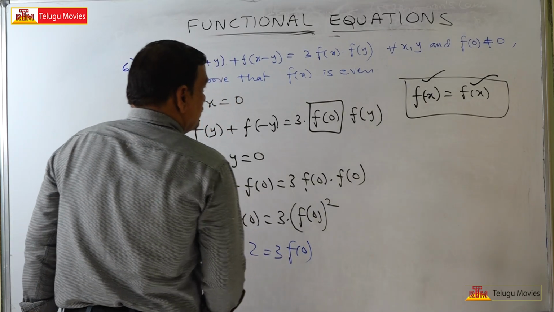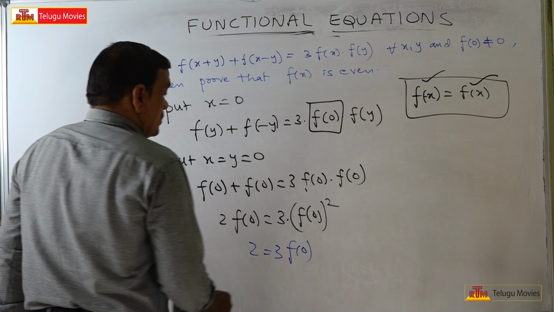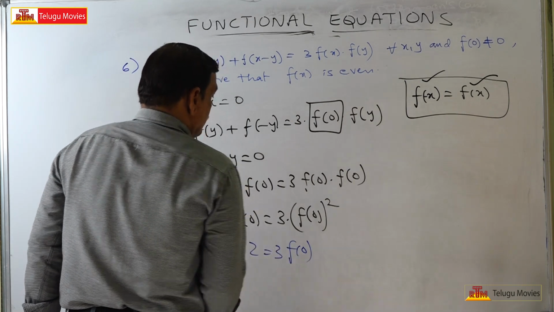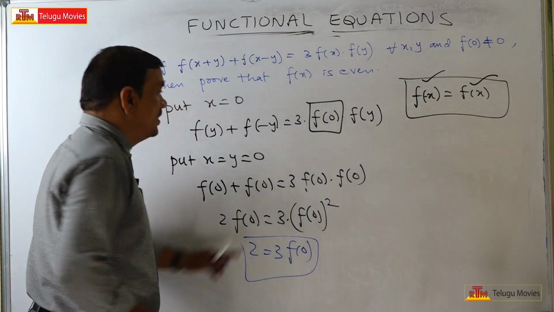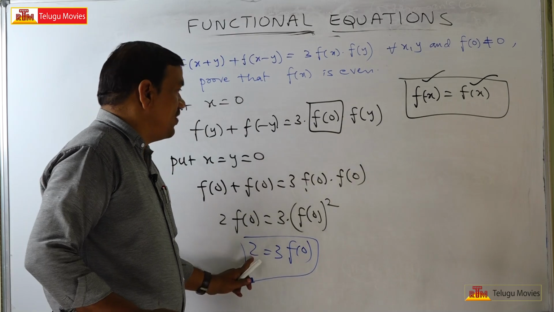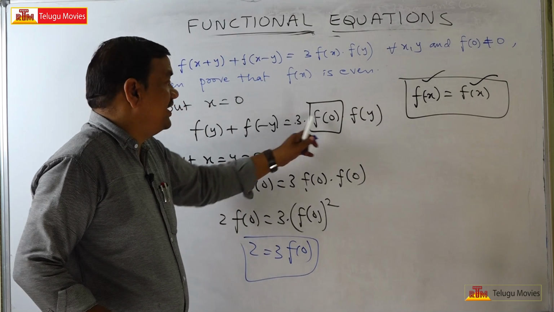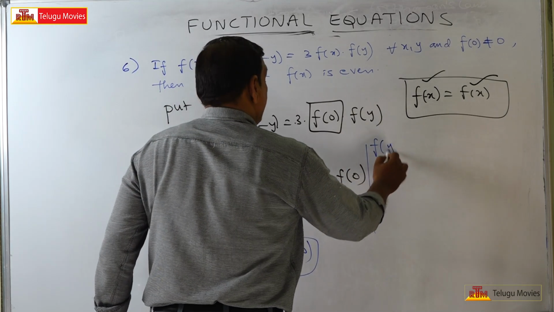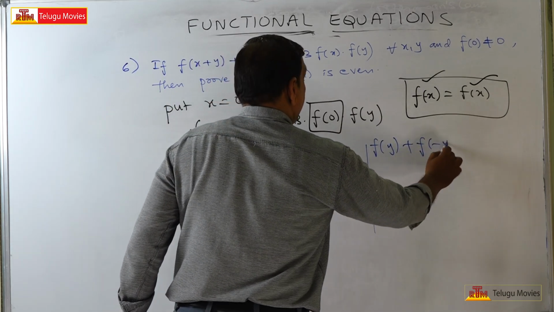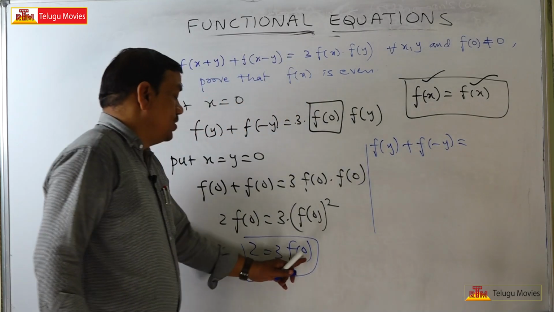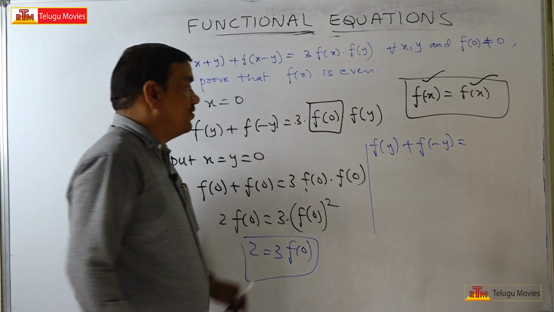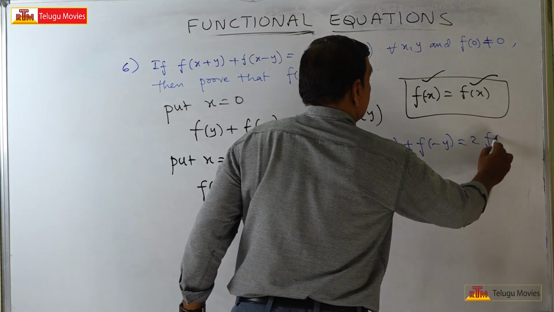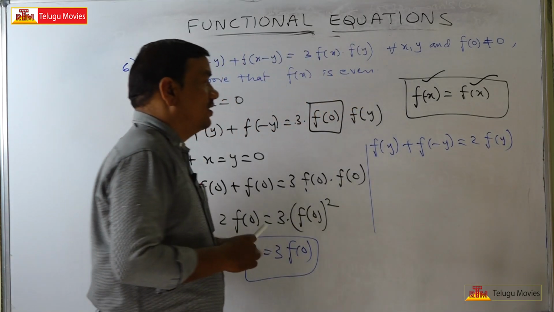So 3 times f(0) is 2. Therefore, f(y) + f(-y) = 3 f(0) f(y) = 2 f(y).